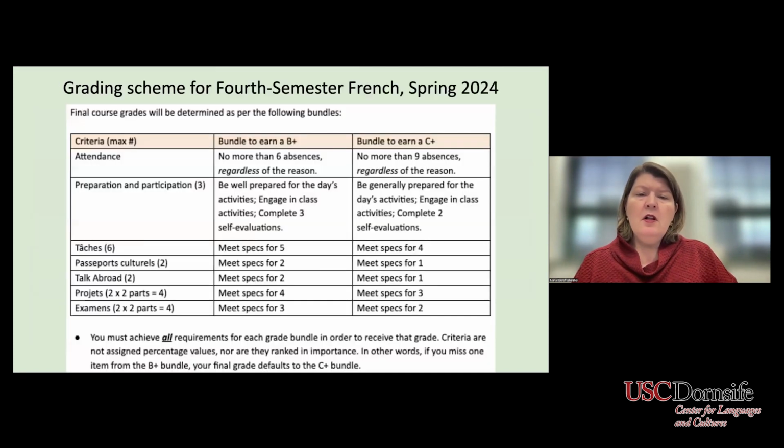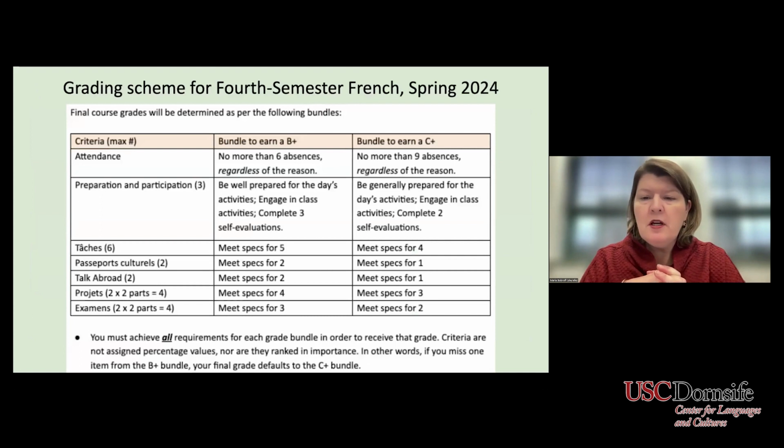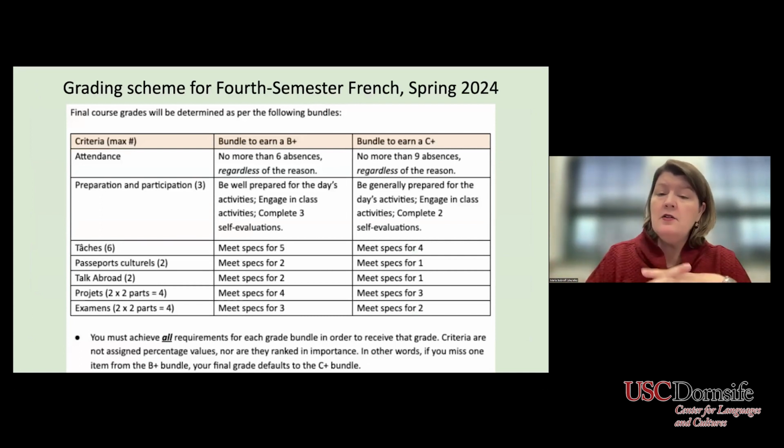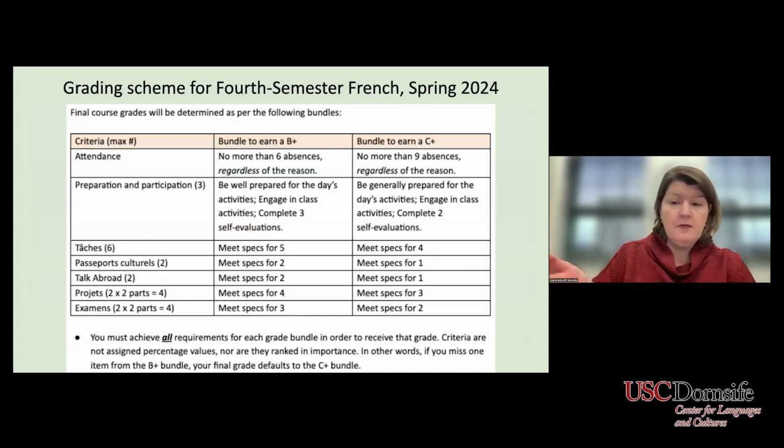So as an example, this is the grading rubric, or rather grading scale, that I use in this course. And this is from this semester that's going on right now. I've created 2 columns, a starting point of a B+ and a starting point of a C+. And the students have to do everything in that column to start at a B+. So attendance is essential. They have to do self-evaluations of their participation.